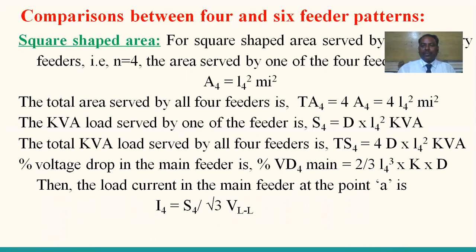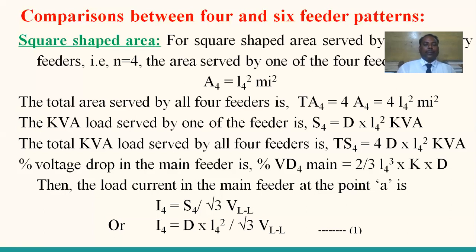Load in terms of KVA divided by V gives the current magnitude: I4 is equal to S4 divided by √3 into line-to-line voltage. This is the generalized formula for the current magnitude, but S4 is D into L4 square KVA, so this can also be written as I4 equal to D into L4 square divided by √3 V line to line. This is equation number 1.